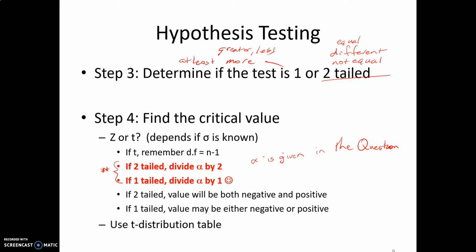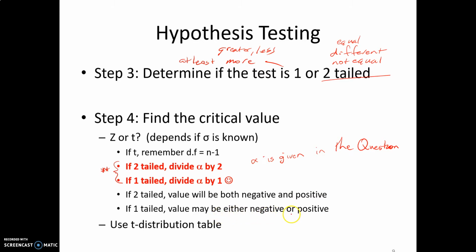Or we can just remember to always divide alpha by the number of ends of the distribution, or the number of tails for the hypothesis test. So a two-tailed test, we divide alpha by 2. One-tailed test, we can divide by 1, or we can just leave it. If it's a two-tailed test, the critical value will be both negative and positive. If it's a one-tailed test, it will be either negative or positive.